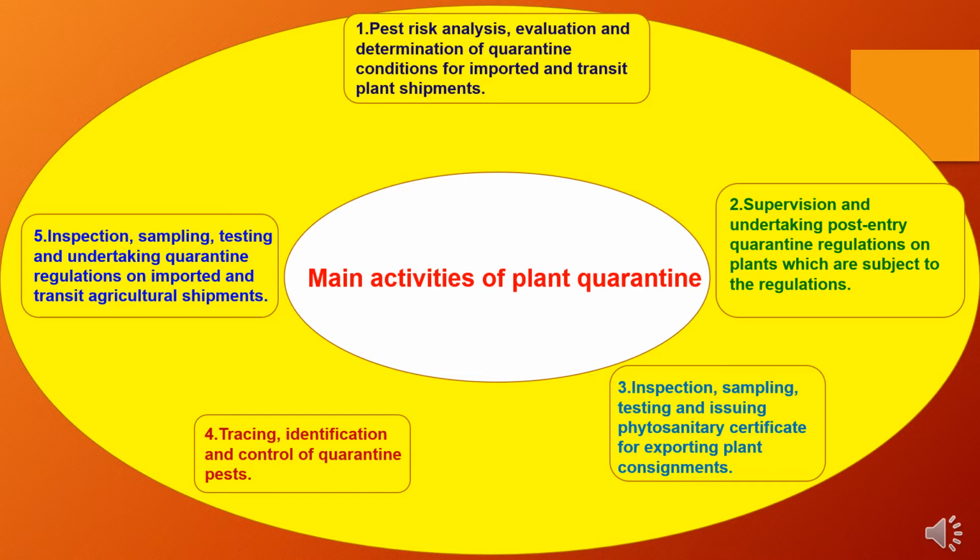Third, to inspect, sample, test and issue phytosanitary certificates for exporting plant consignments. Fourth, tracing, identification and control of quarantine pests. Fifth, inspection, sampling, testing and undertaking quarantine regulations on imported and transit agricultural shipments.